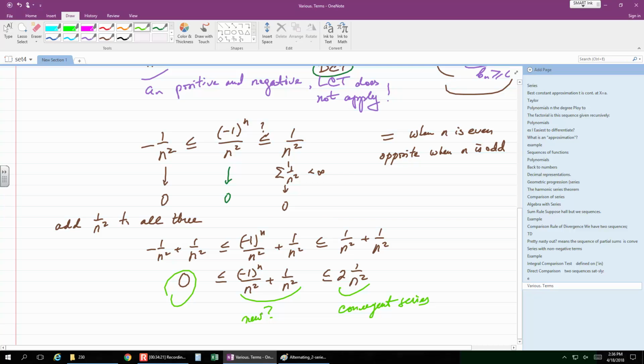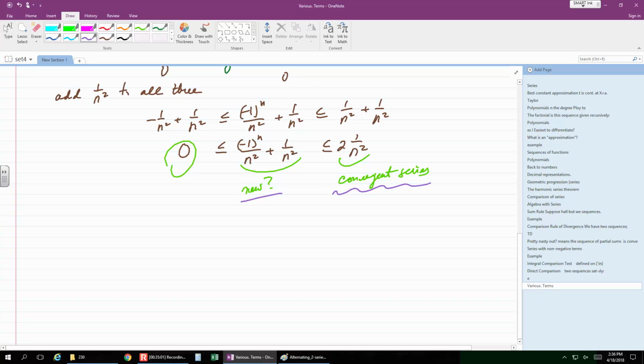As you can see, we have 0 on the left, and even though that series looks complicated, we are now in the position to apply the direct comparison test. Why? This new series is unknown, however, it is smaller than a convergent series. Once again, 1/n squared multiplied by 2, by the constant multiple rule, is still convergent. So we have a series squeezed between 0 and a convergent series, which means that by the direct comparison test, this is in fact convergent.